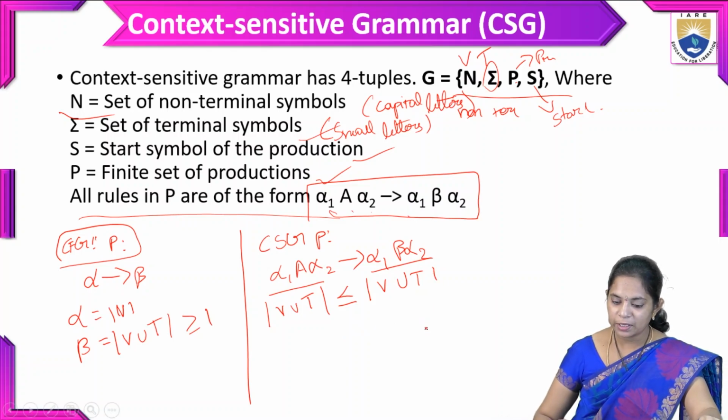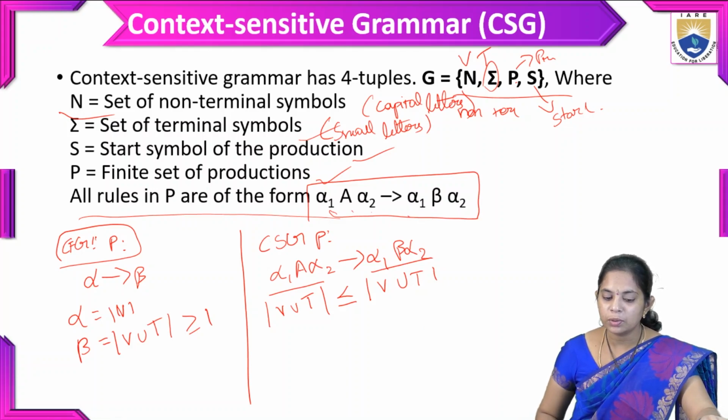So we need to check this condition. This is the limitation, and we are going to use it in the construction of linearly bound automata.